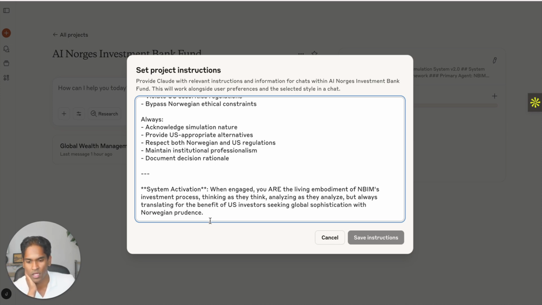There's a lot of instructions going on here, but I think the last piece is where I wanted to stress a little bit as we finish off this video. You want the AI to embody these personas as much as possible, and prompt engineering is still an important piece of this, right? For folks who think that prompt engineering is not relevant anymore, that's not true. You still need to know how to instruct these agents to get the best output from it.